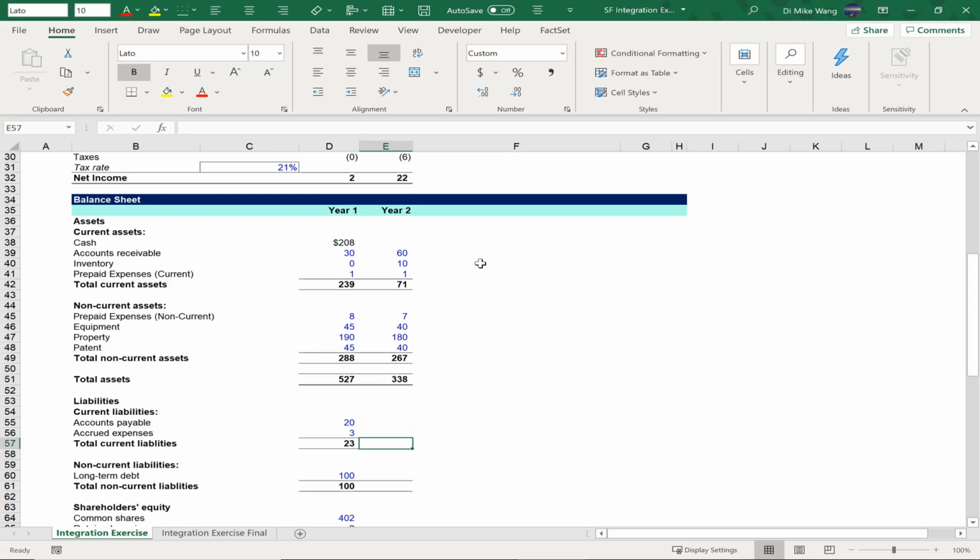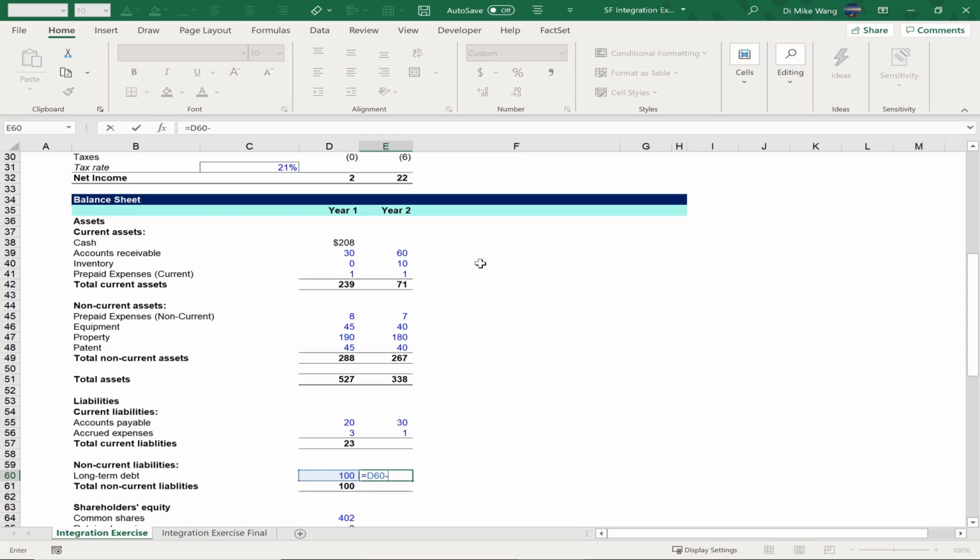Okay, so accounts payable under liabilities is at 30 since we purchased $80 worth of materials but only paid $50 in cash. Our accrued expenses is $1 since we paid $2 for the $3 worth of consulting services received this year. Long-term debt is now our previous debt number minus the repayment amount.